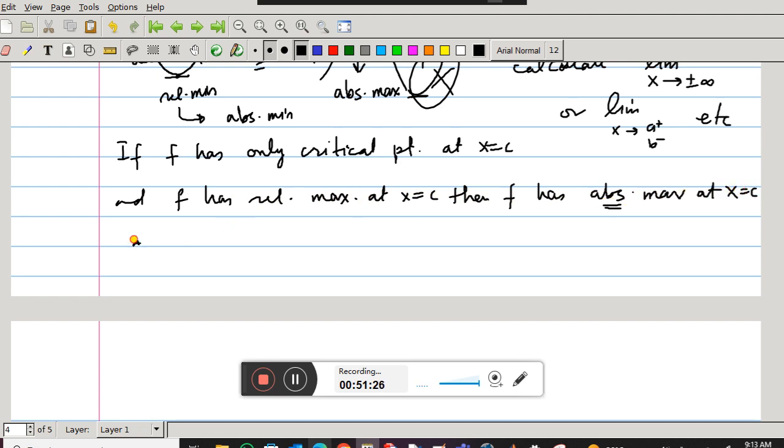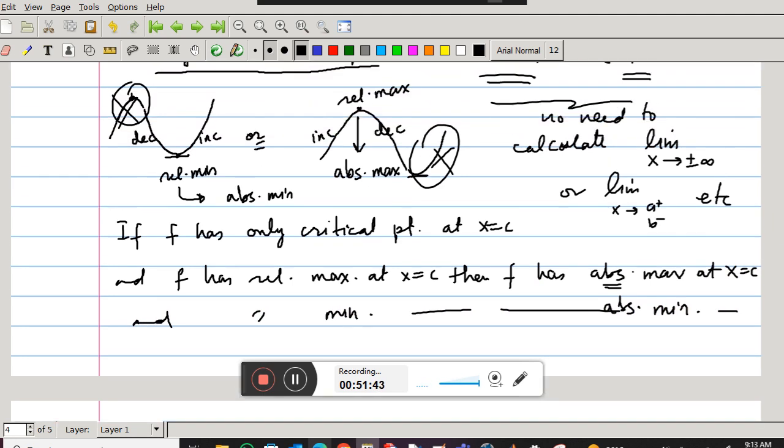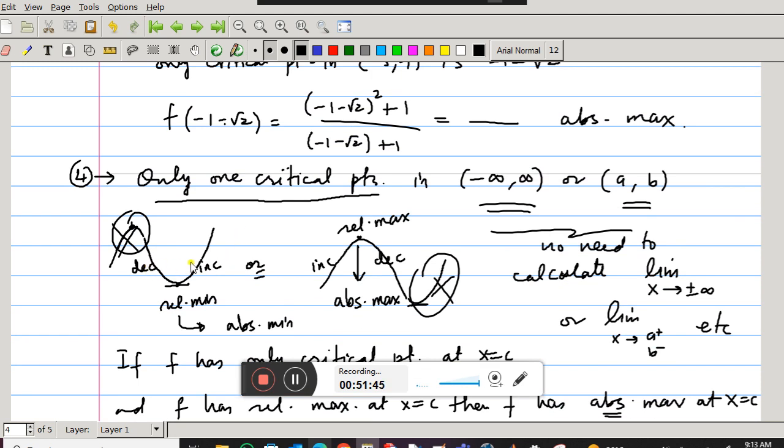And if f has relative minima at c, then f has absolute minima at c. Simple as that. So now we can go back and see how we can check relative maxima minima. There were two ways. Either we can check left and right, whether decrease to increase, increase to decrease, or we can also check that the second derivative is positive at minima and the second derivative is negative at maxima. We can check that as well, right?